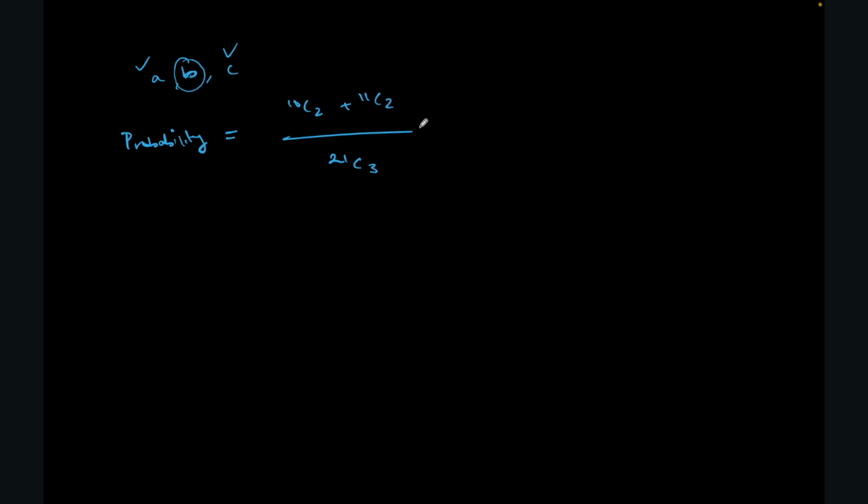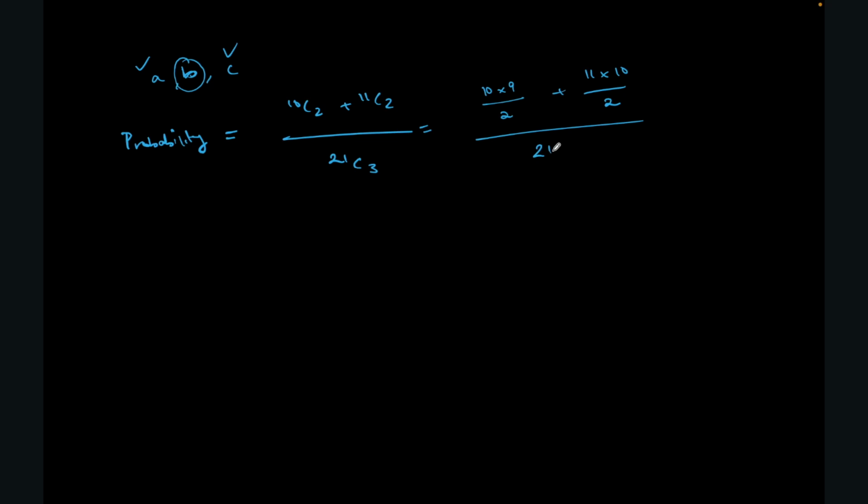Okay, so now let's simplify it down. What do we have? Well, we're going to have 10 times 9 divided by 2 plus 11 times 10 divided by 2 as well, right? That is 10 factorial by 8 factorial by 2 factorial, and 11 factorial by 9 factorial by 2 factorial.